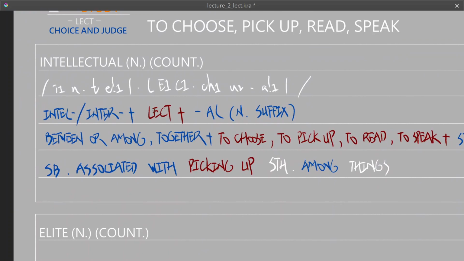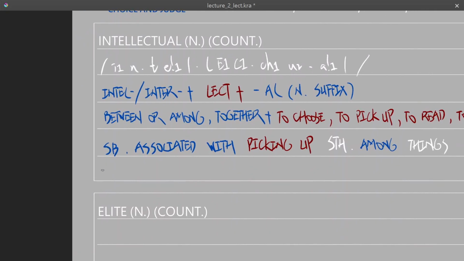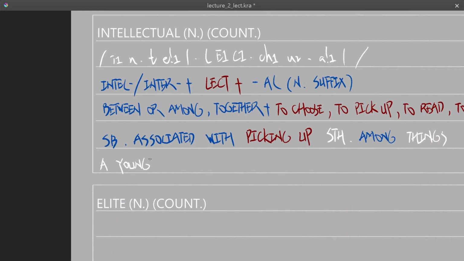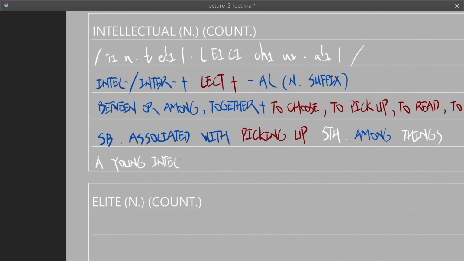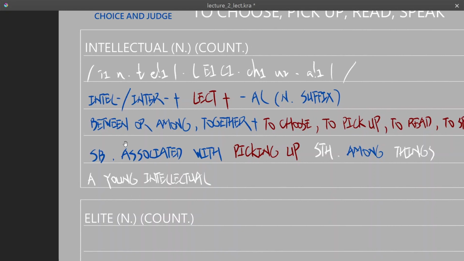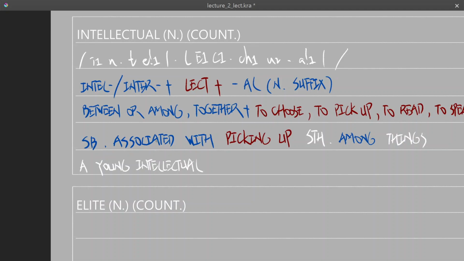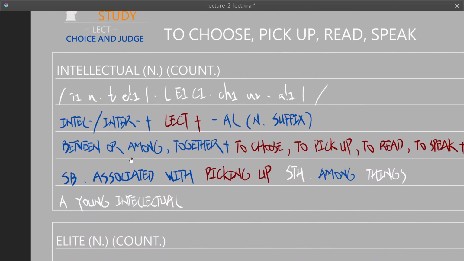So intellectual describes a person who has a great academic accomplishment. So we have common phrases like a young intellectual, which means a young scholar. All right.